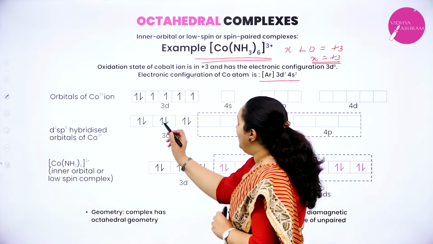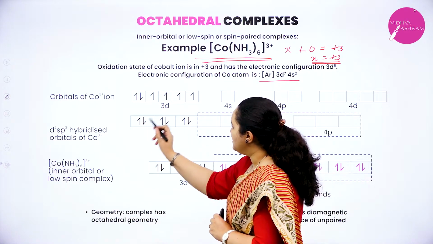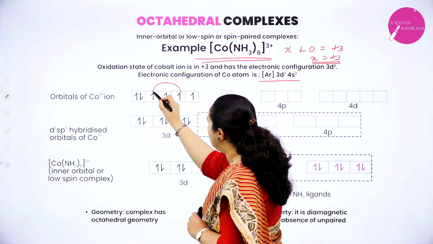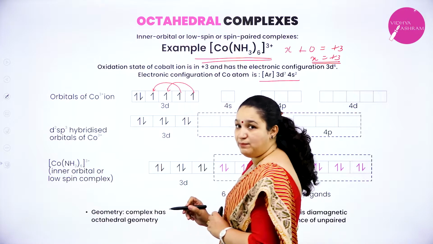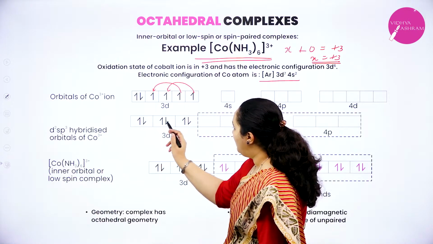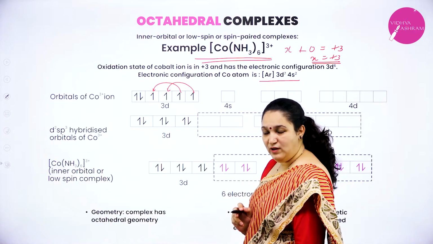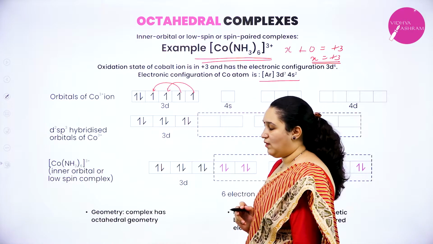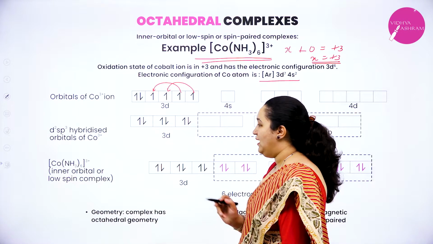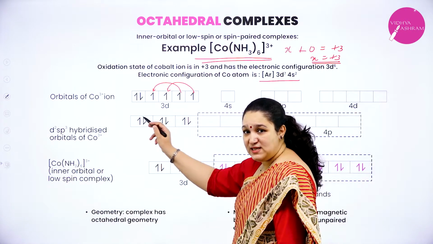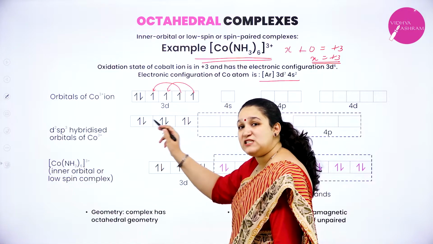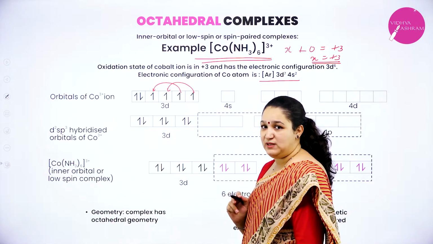Okay. So, you can see the total 6 electrons are paired. This will jump over here, this will jump here, and you can see I have paired up the 6 electrons in the first 3 d orbitals.